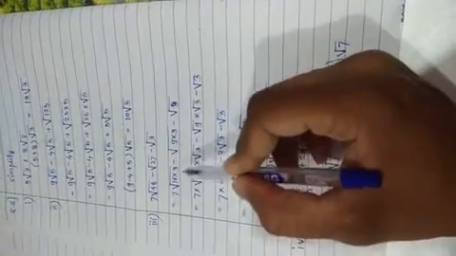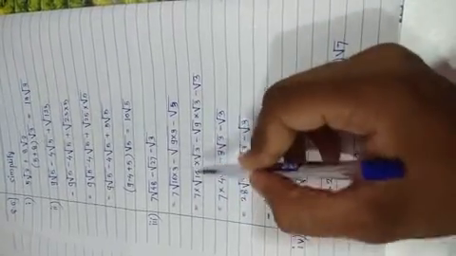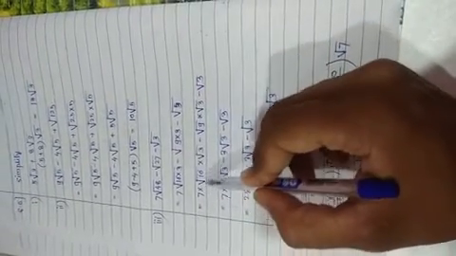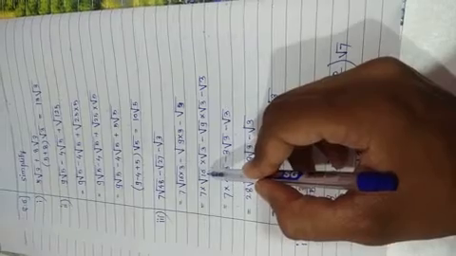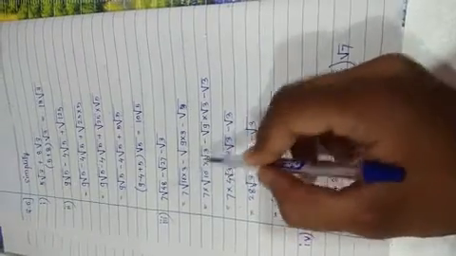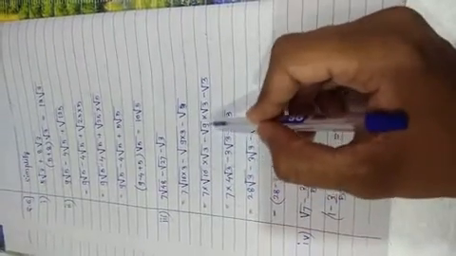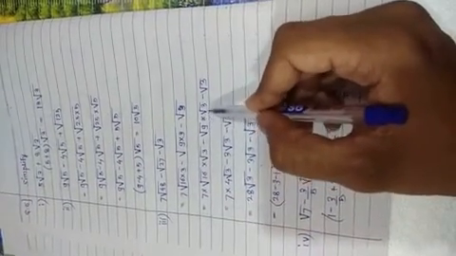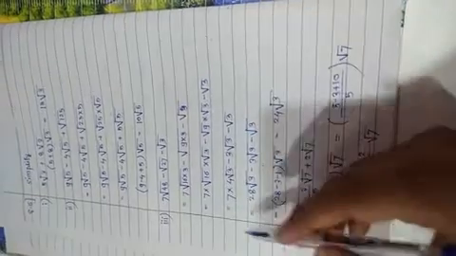Again we have to simplify it and separate the terms. So 7 into root 16 into root 3, minus root 9 into root 3, minus root 3.